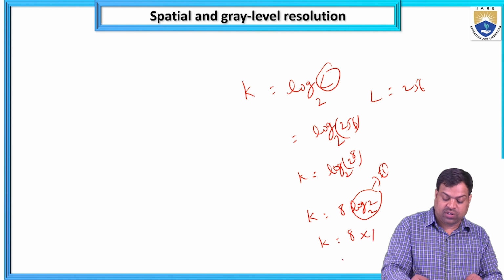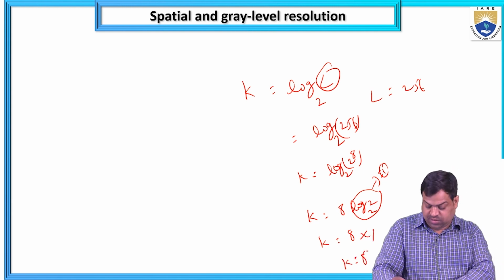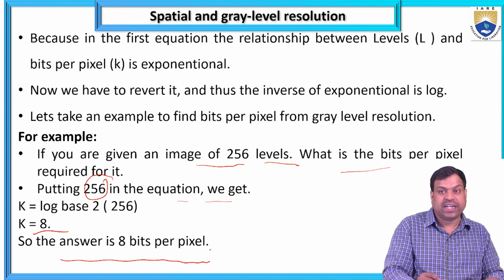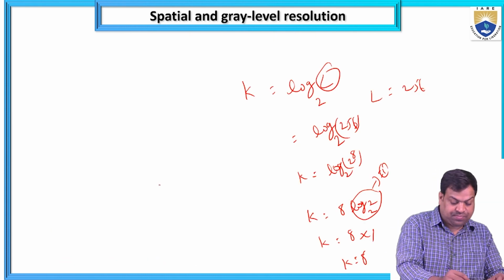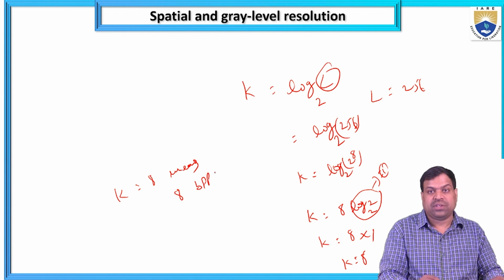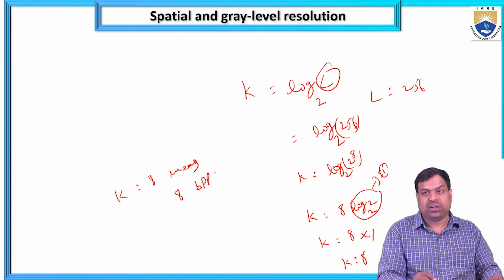So 8 into 1, k equal to 8. So the answer is 8 bits per pixel, 8 BPP.